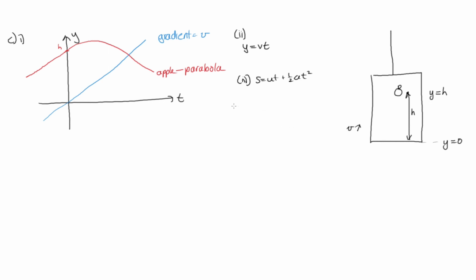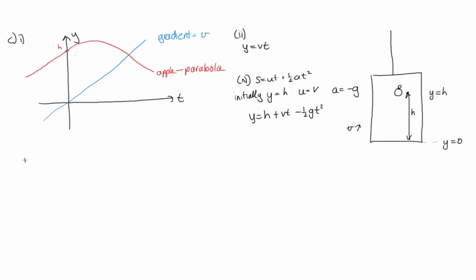So we can say initially y equals h, and we also know that the initial speed is equal to v, and the acceleration is minus g, or minus 9.8 if we want a number, because it's downwards. So using this, y is going to be equal to the initial height, which is h, plus vt minus a half gt squared.